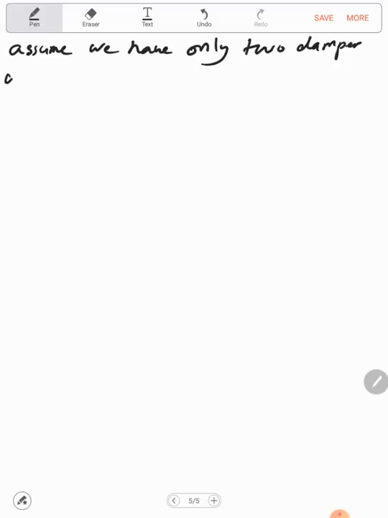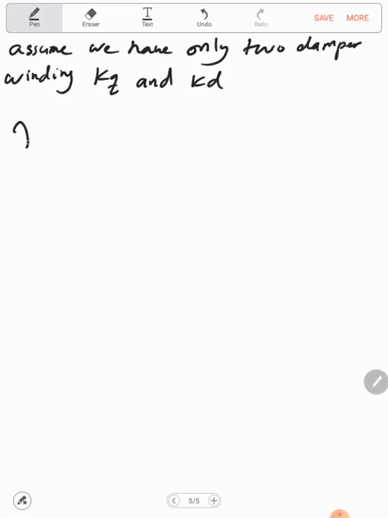So here, for simplicity, let's assume we have only two damper windings, one in the direction of the Q, so this will be the KQ, and one in the direction of the D, so this will be the KD.